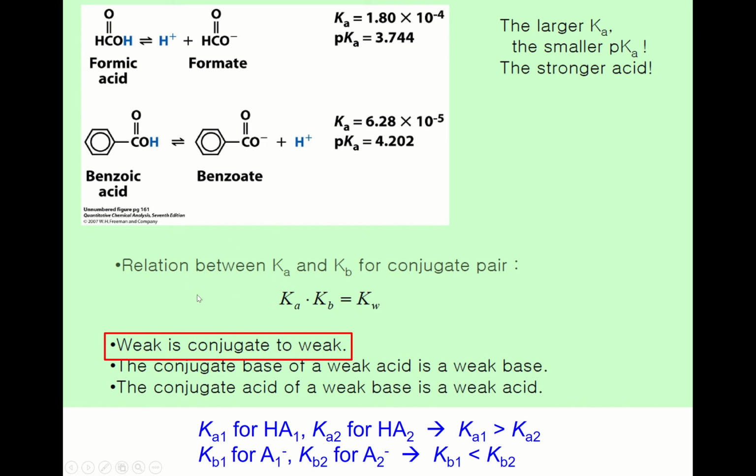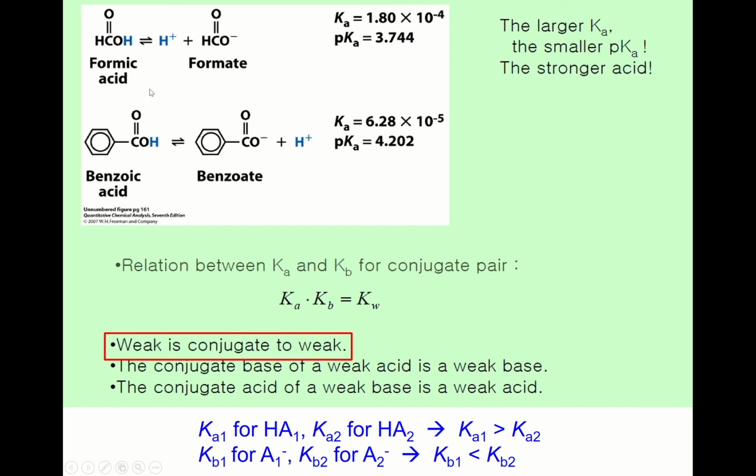And also more important is this sentence: weak is conjugate to weak. What does it mean? Formic acid is a weak acid since this Ka is small. What about the formate? Is this a weak base or a strong base?